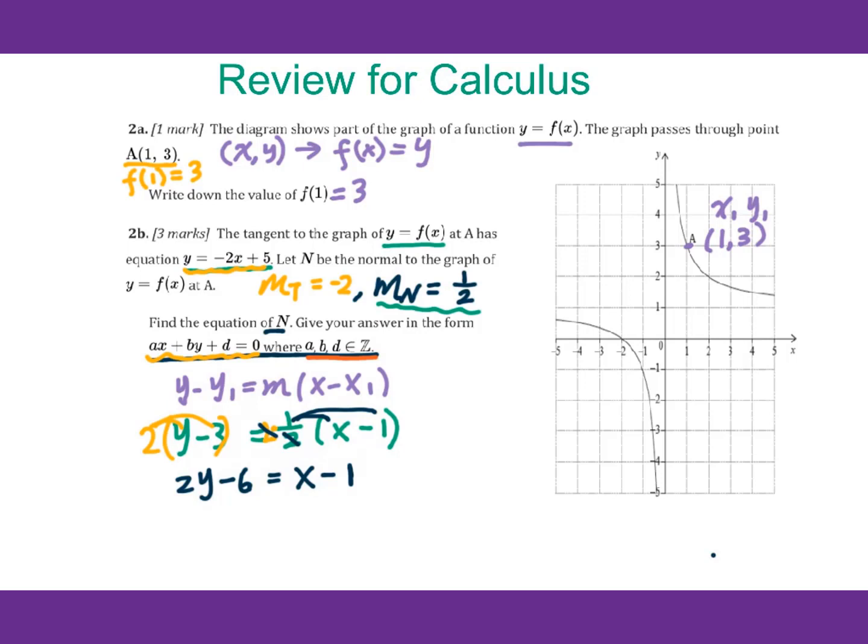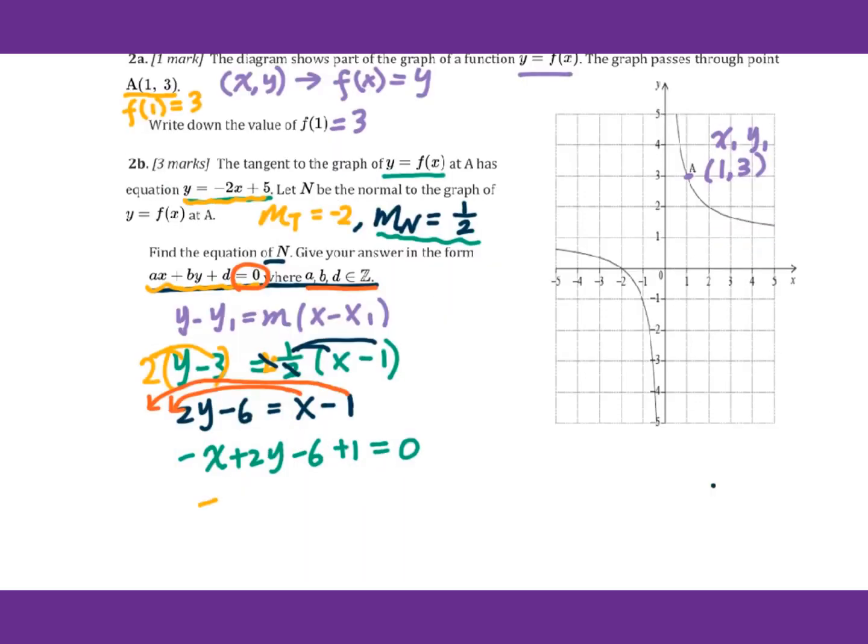Since we are looking for equals 0, we move everything to the left side. Remember, you need to change the sign. So you will get negative x plus 2y minus 6 plus 1 equal to 0. And organize: negative x plus 2y minus 5 equal to 0.